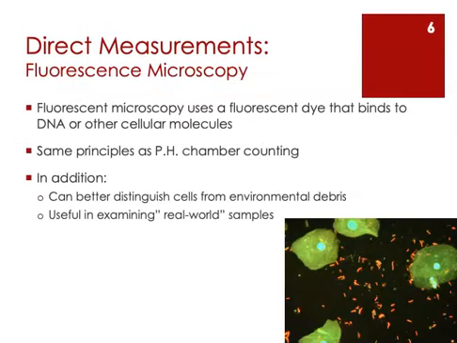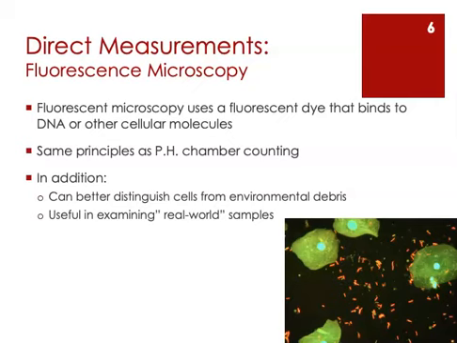When we decide to do a direct cell count using a PH counting chamber, we can do the actual counting using either a light microscope or a fluorescent microscope. Each one of these types of microscopy has certain benefits and certain drawbacks. When it comes to using a fluorescent microscope, remember, we're going to want to first stain that sample using particular fluorescent dyes.